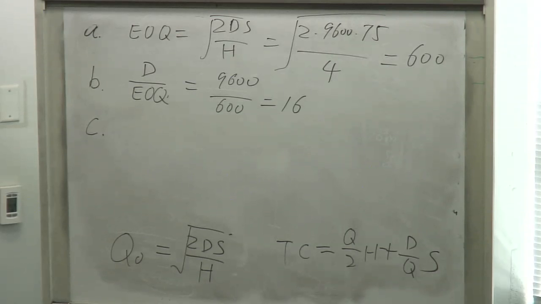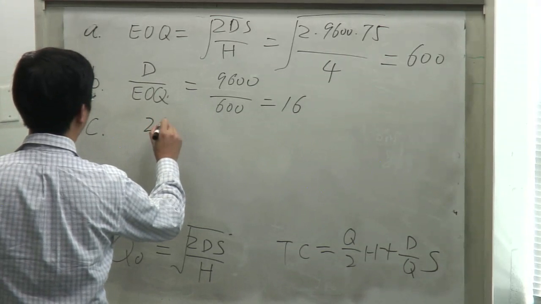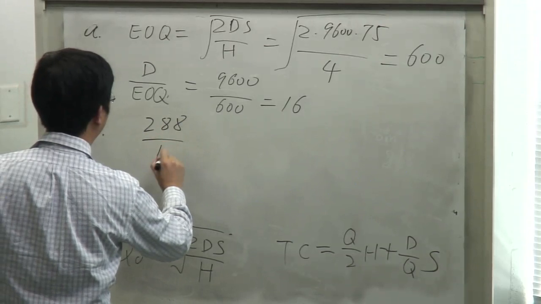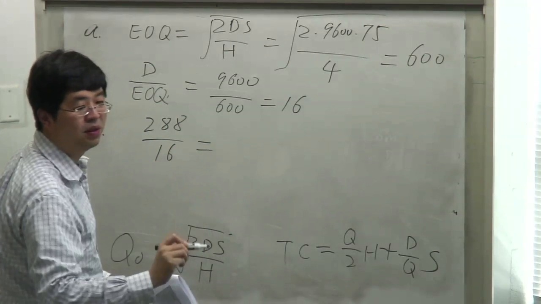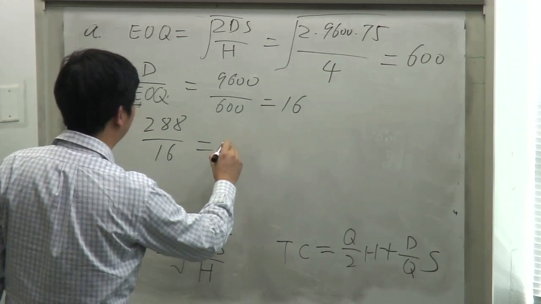Since it would take 16 times per year to order, and you're only open 288 days a year for operation, you divide the 288 days by your 16 times per year, and so your cycle becomes 18 days.